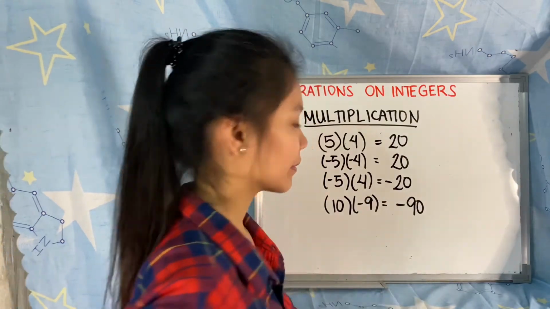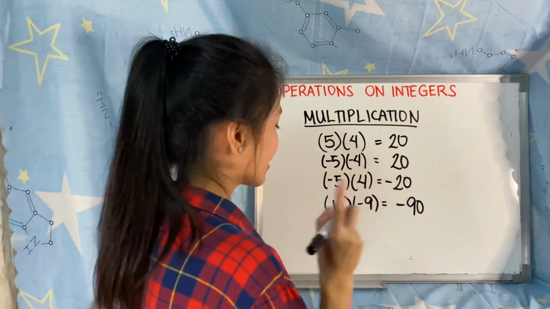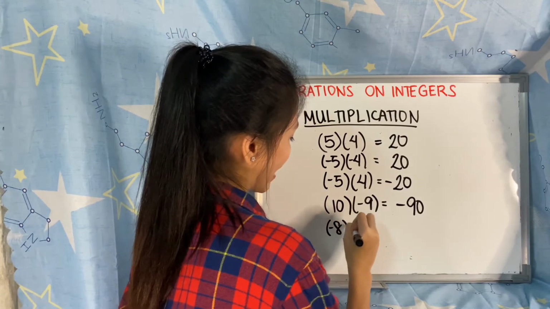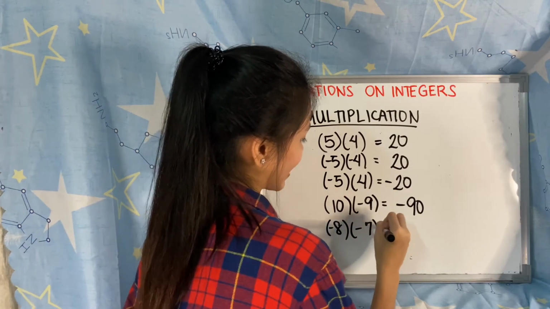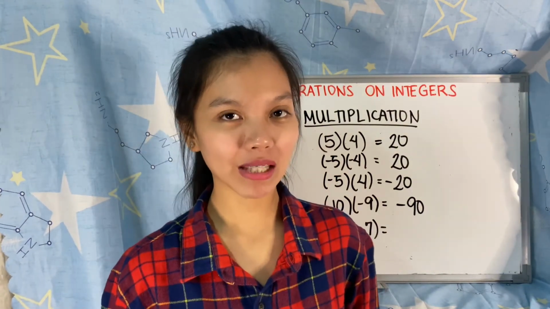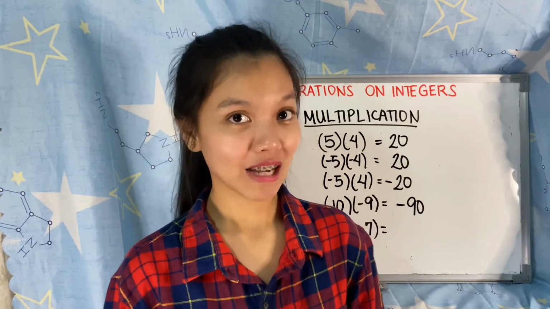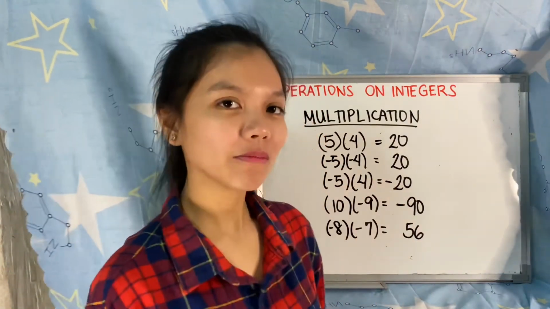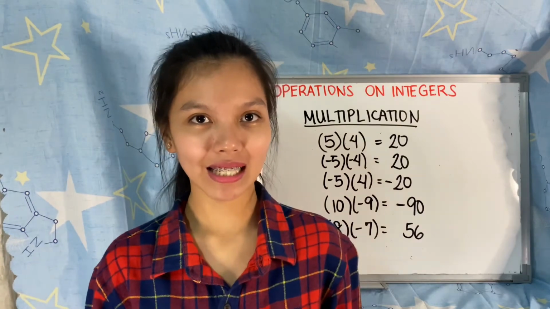Very good. Next example, we have negative 8 multiplied by negative 7. Multiply the numbers. 8 times 7, that is 56. Very good. And negative times negative, that is positive.